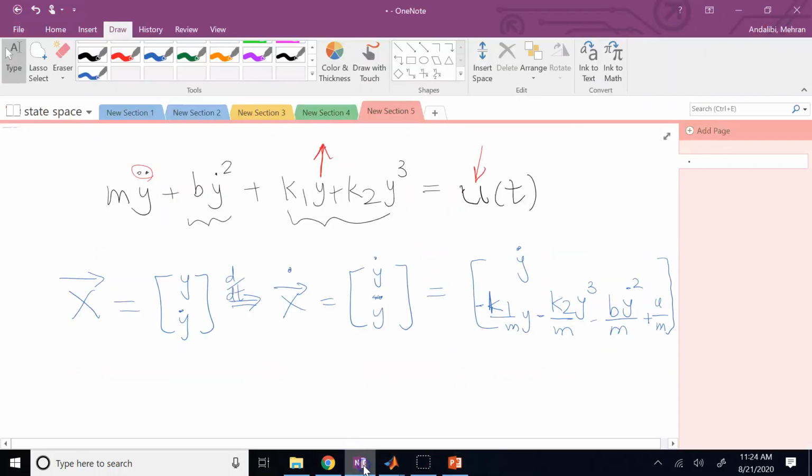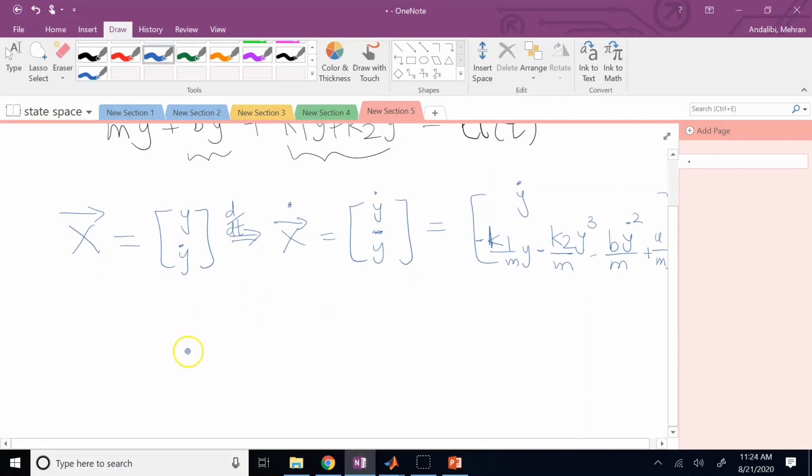So x dot can be written as a function f, and pay attention, this is a vector function, so it has two functions in it.